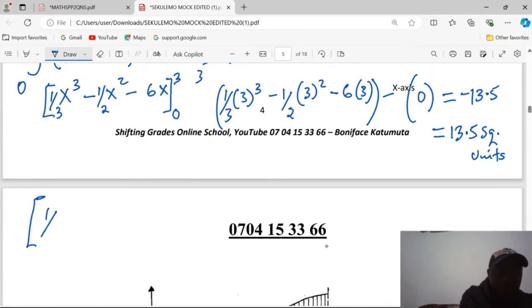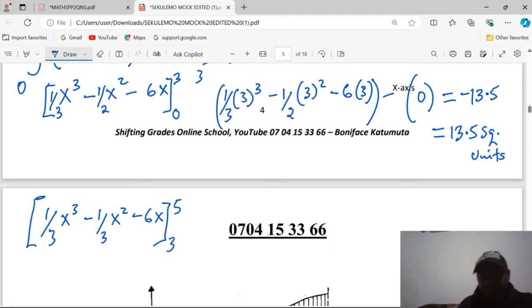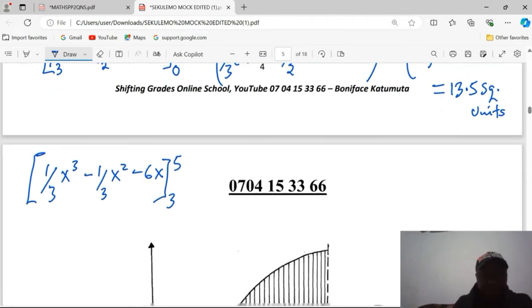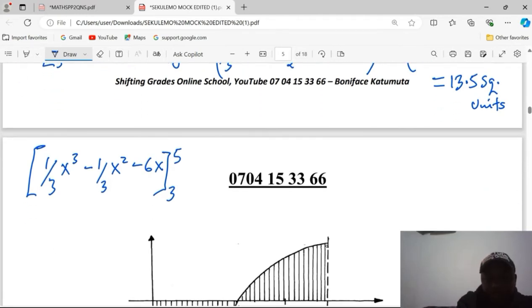So a third x power 3 minus half x squared minus 6x from 3 to 5. So from 3 to 5, we start by substituting 5. So we will have a third 5 power 3 minus half 5 squared minus 6 into 5.